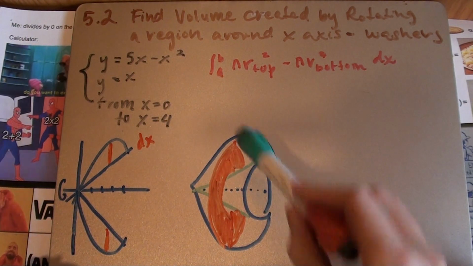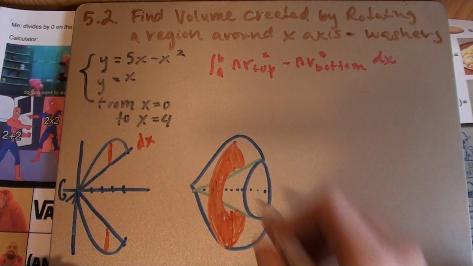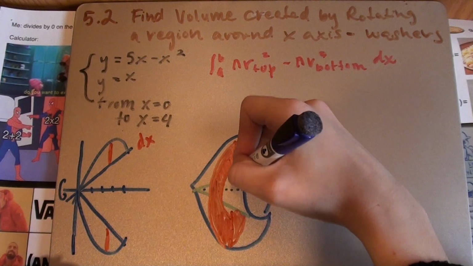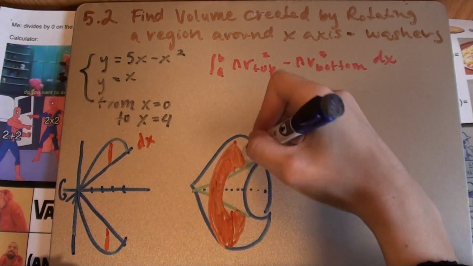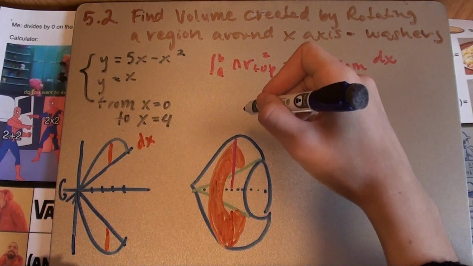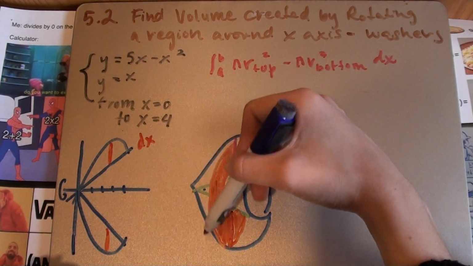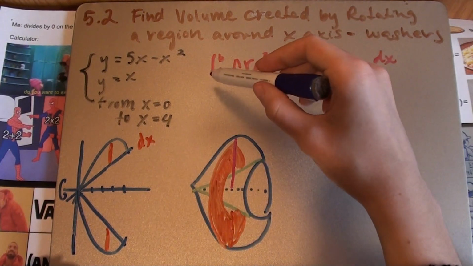And we can see that using our disk method before, we had a radius, it's a circle, right? So it had a radius from the axis up to the function, and that explained how our formula worked out.